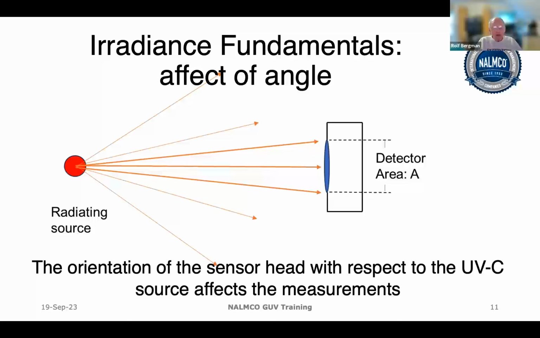Or we may find that the requirement is that you record the data in microwatts per square centimeter. The micro is usually represented by the Greek mu, and centimeters squared is cm squared.